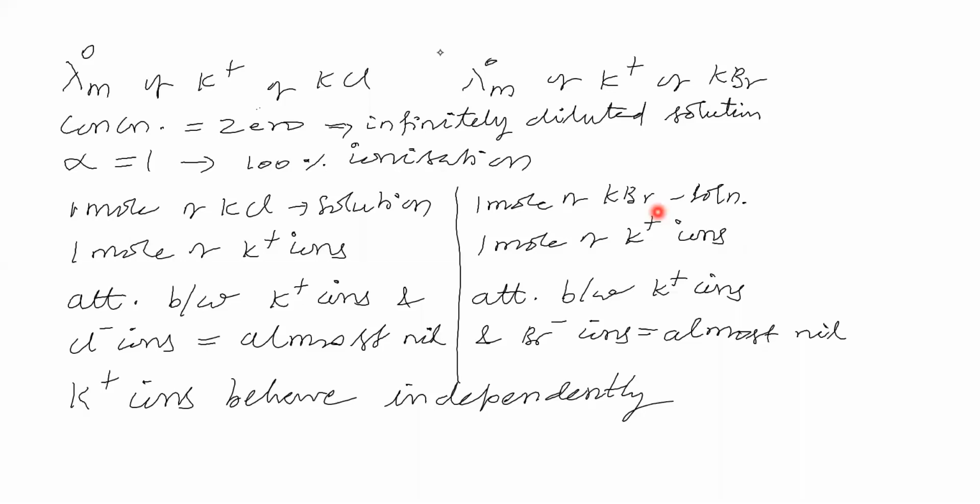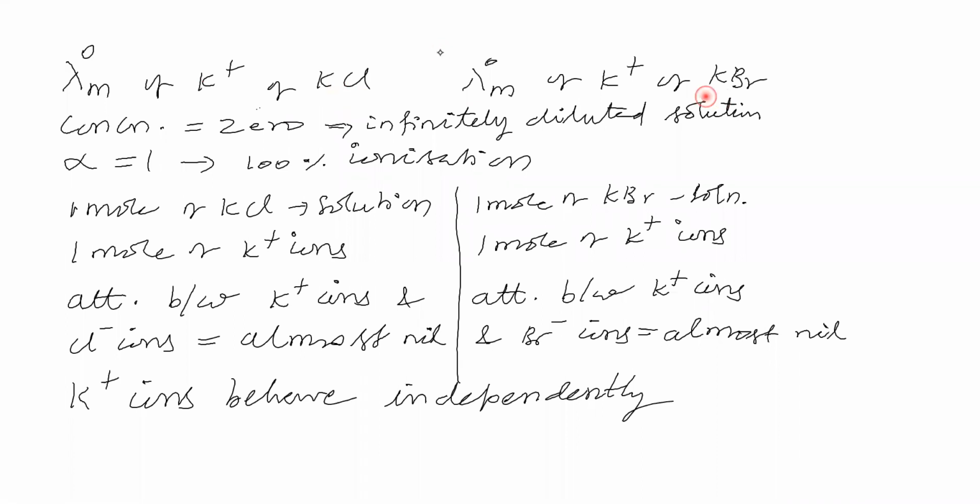Now say, what is the magnitude of this and what is the magnitude of this? Lambda m naught of K plus of KCl, lambda m naught of K plus of KBr, how will it be, do you think? Because in KCl solution, K plus ions are there.